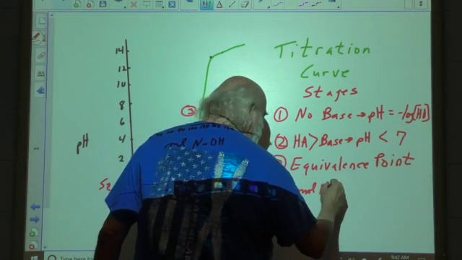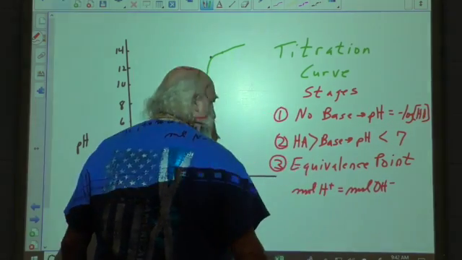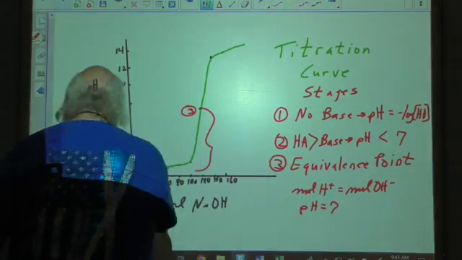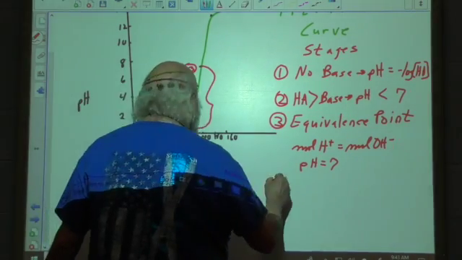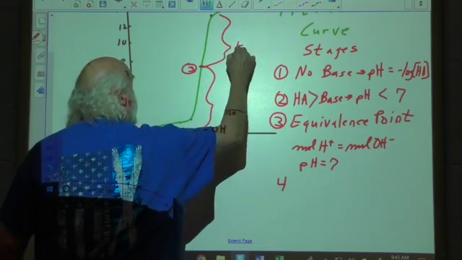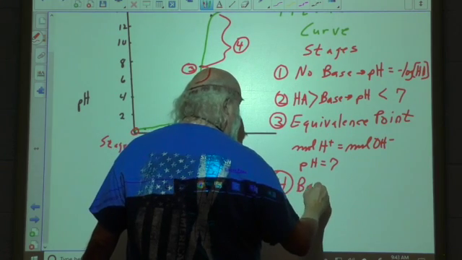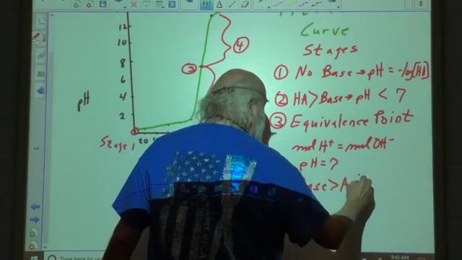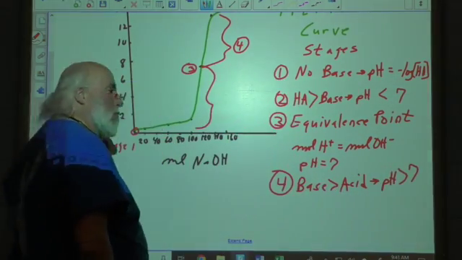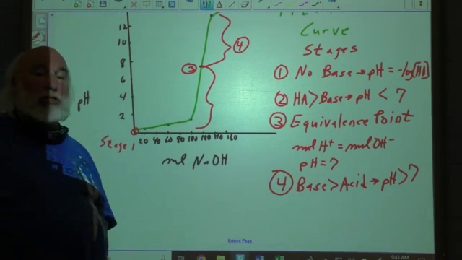Moles of H positive equals moles of OH negative. And that means then that the pH equals 7. And then the 4th stage, which is anything above stage 3, we now have base greater than acid, and that means the pH then will be greater than 7. There you have the analysis of titrations.